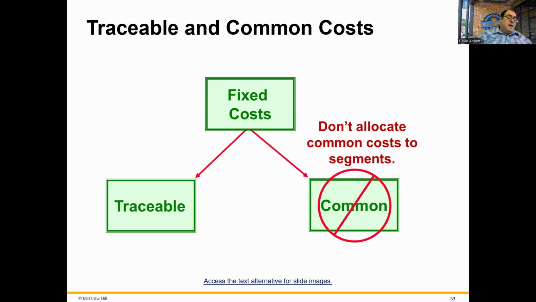And allocating common costs to segments reduces the value of the segment margin as a guide to long-run segment profitability. So we would not allocate common costs to the segments, only those that are traceable, in order to figure out the segment margin.